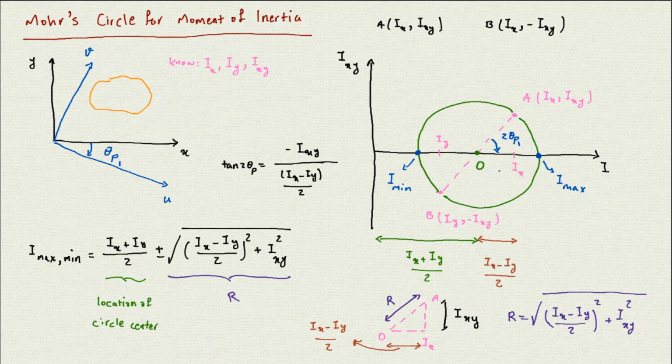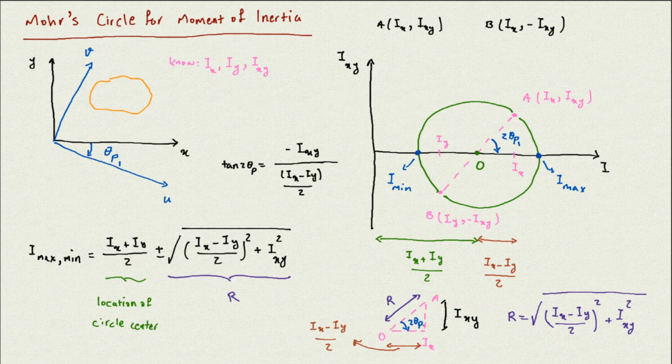So here also, if you look at that angle here, we can assume it's rotating counterclockwise. Then in this triangle, this is 2 theta p. So if you look at that triangle, the tangent of 2 theta p is going to be the ixy divided by this value.